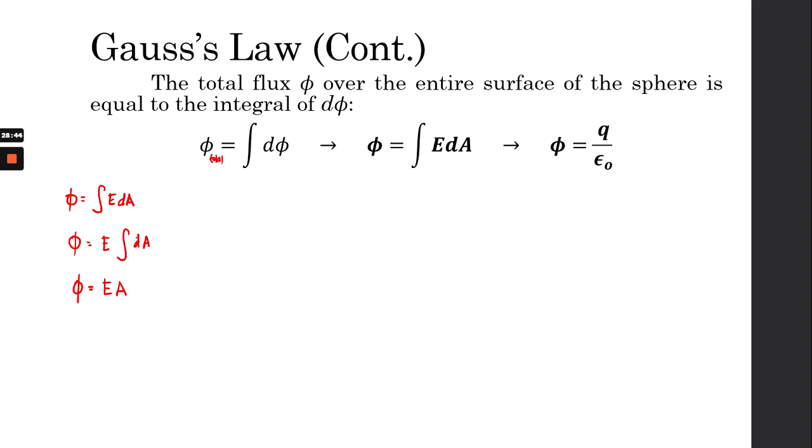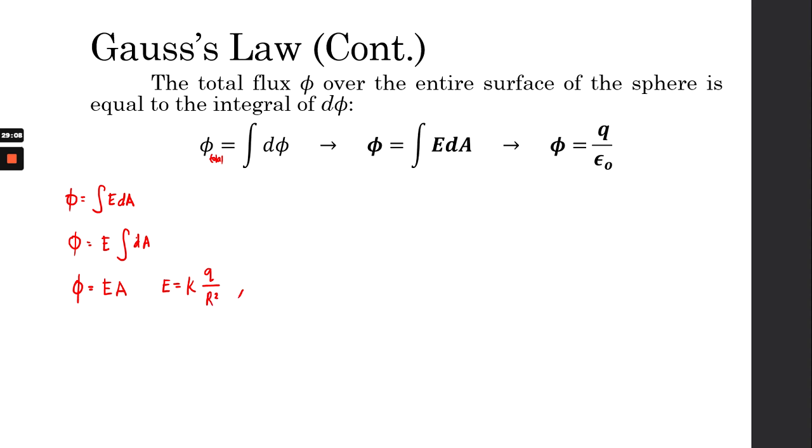And then what I want you guys to remember now is we've discussed electric field, and we know that the equation for electric field is equal to K multiplied by Q divided by d squared. But since we are talking about the sphere, we are going to change our d into radius, and we're going to use r to denote radius.